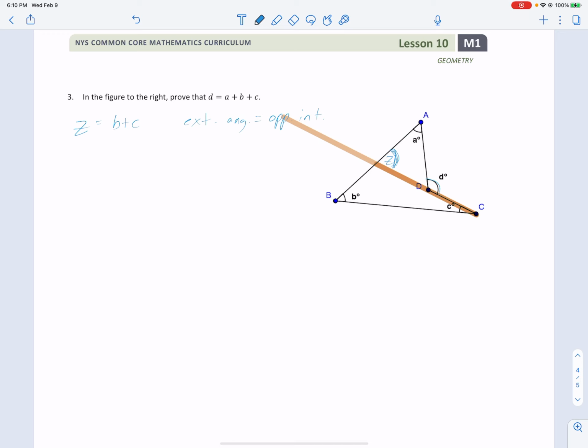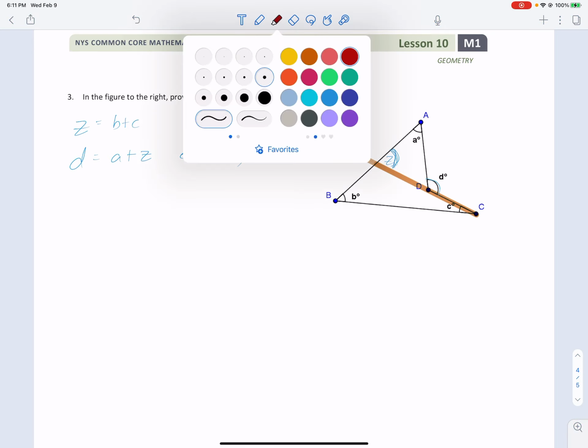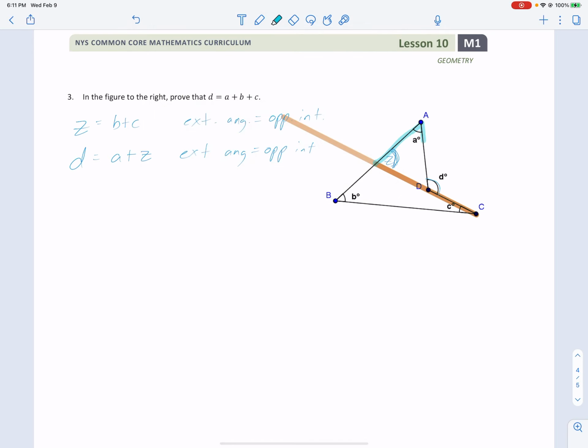So this D is an exterior angle, equal to A plus Z. But it's on a different set. Let me highlight it in a different color. So here is the triangle that I'm talking about, and here is the line that it's on. Do you see that? It's an exterior angle and it's equal to the opposite interior angles.